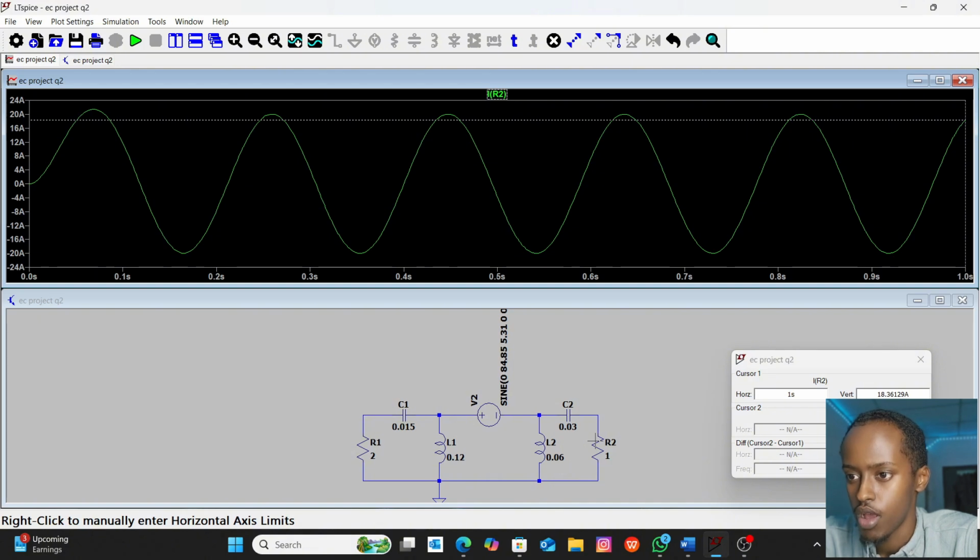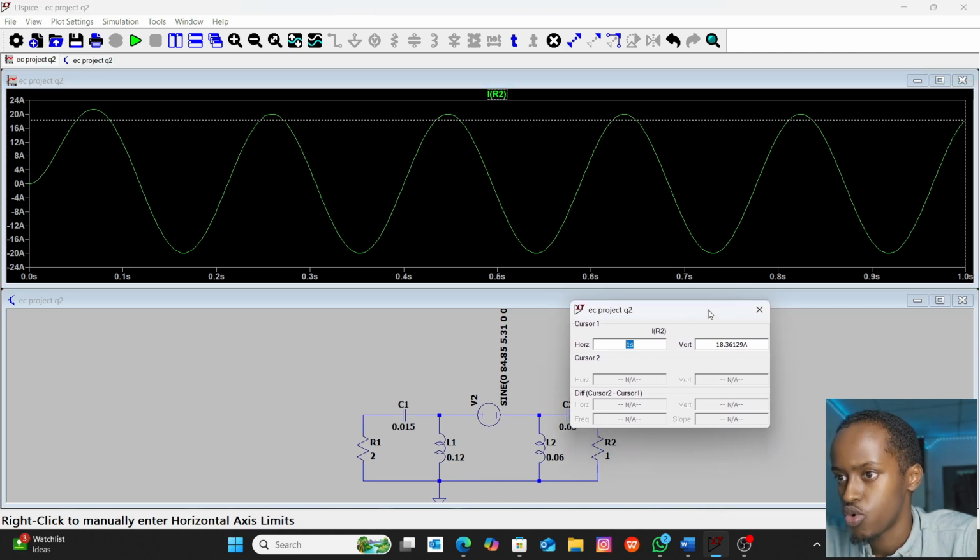If we set t equal to 1 and convert the minus 45 angle into radians, we will find the value plus 18. So our current is verified.